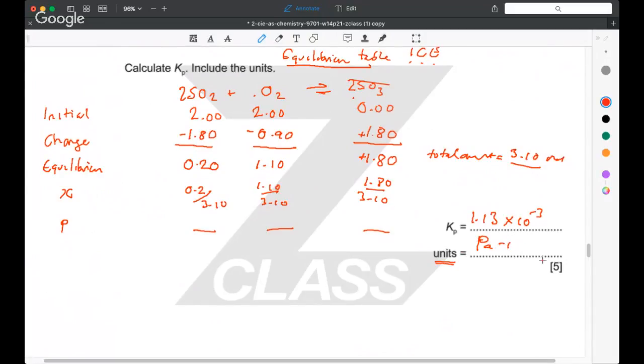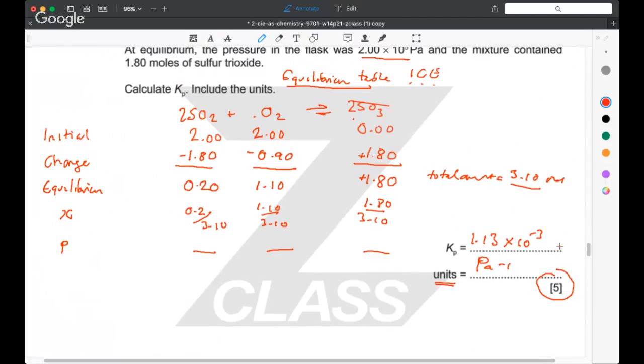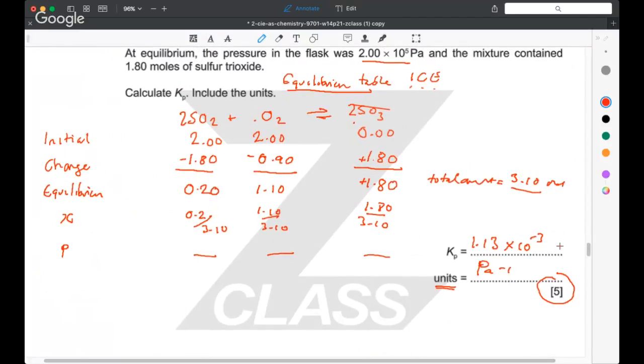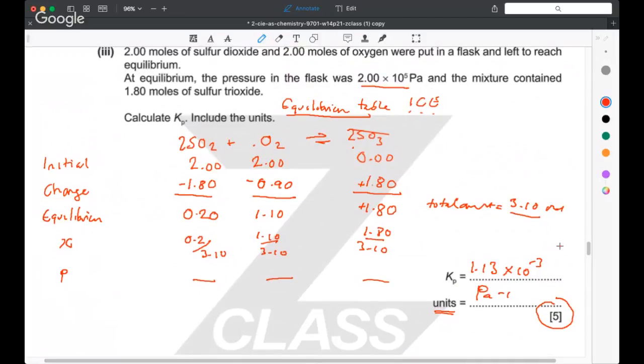Now you can see this is actually a mark-rich question. There's 5 marks here. Getting 1 mark for the units is pretty easy, and for the rest, students lost a lot of marks, and that's unnecessary, because if you just use one of these simple equilibrium tables, it's very straightforward to work through this initial, change, and equilibrium amounts.